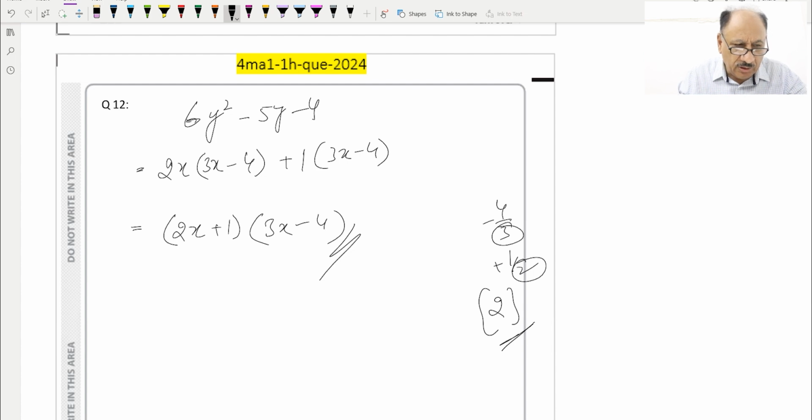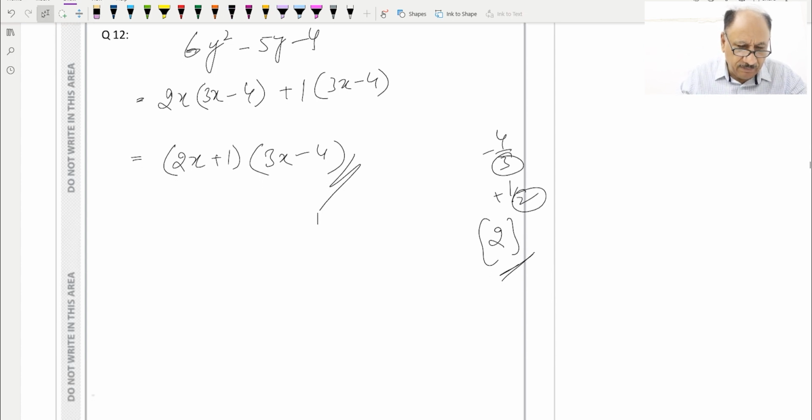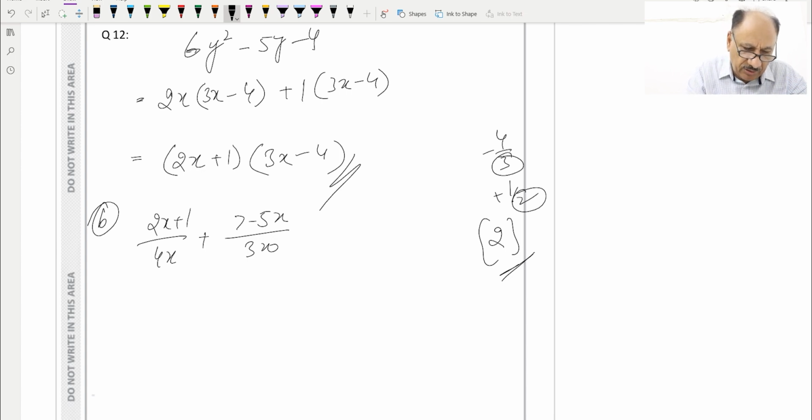Hopefully you understood. Now what is the B part? It says express 2x plus 1 over 3x, plus 7 minus 5x over 4x, as a single fraction in simplest form. So for a single fraction, we can equalize the denominator.